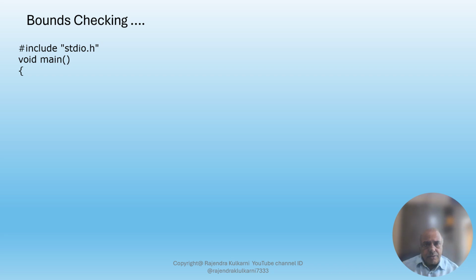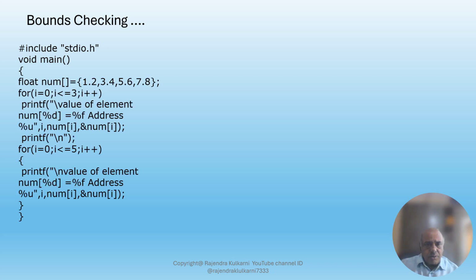The array, once declared and its dimensions are given, cannot increase its dimensions. It is called bounds checking of the array. In this program we will see how bounds are checked.